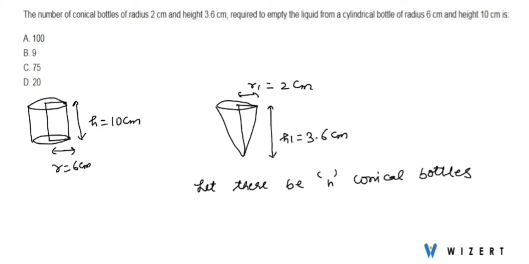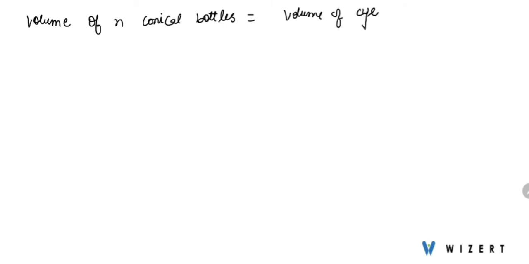So we can say that the volume of both will be equal. So let us equate the volume of n number of conical bottles to the volume of this large cylindrical bottle.